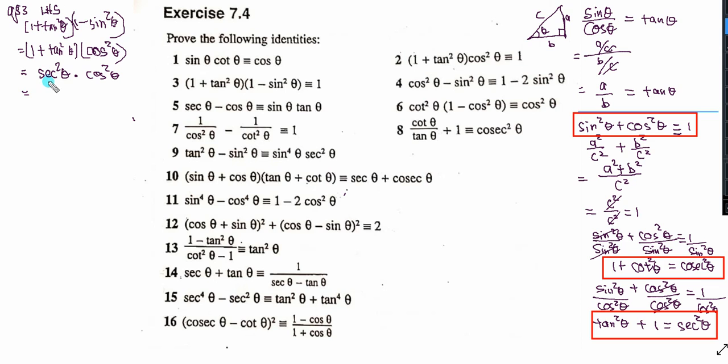But we know that secant square theta is actually 1 over cosine square theta, times cosine square theta. So it cancels and becomes 1. And this is equal to the right-hand side. Therefore, you have proof that the left side is exactly the same as the right side.